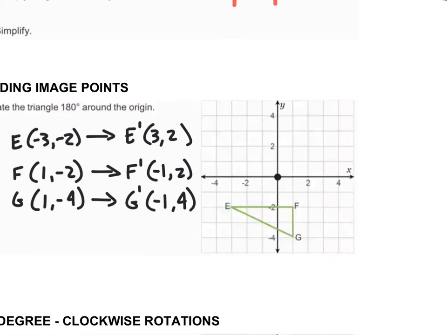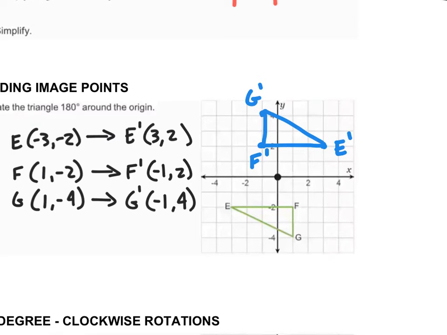Okay, and what we're going to do now is plot those points, and I'll do that in, oh gosh, blue. All right, so (-1, 2) is here, (-1, 4) is here, and then (3, 2) is here, all right? And there's my rotation, also called "brotation," okay? So then this is F prime, and then this is G prime, and I label those.